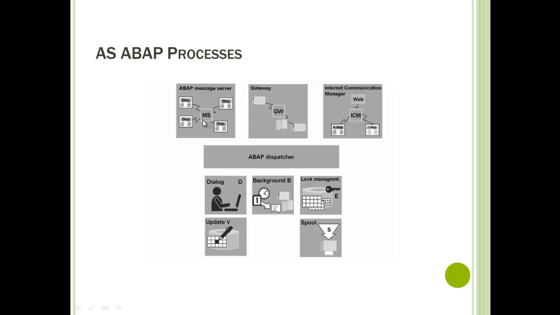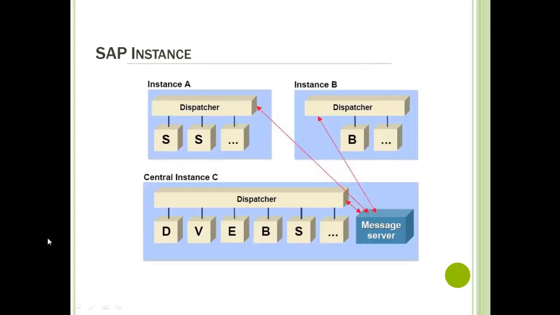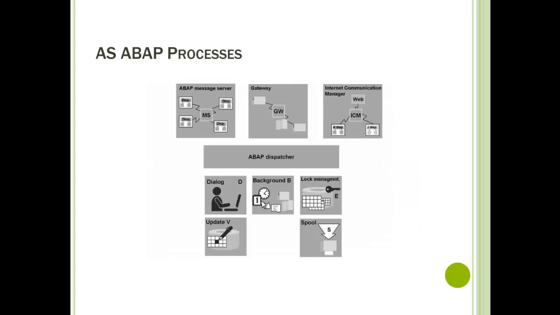The central instance is also like an application server, so it has its own dispatcher. You can see it here. Also each application server has its own dispatcher. So the message server interacts with the dispatcher, and the dispatcher in turn interacts with each work process.